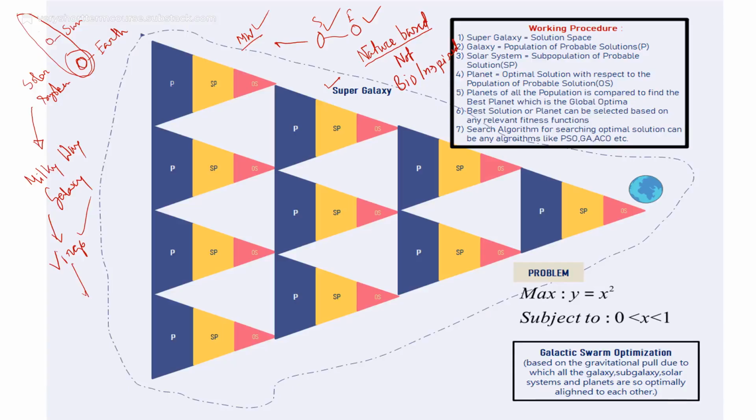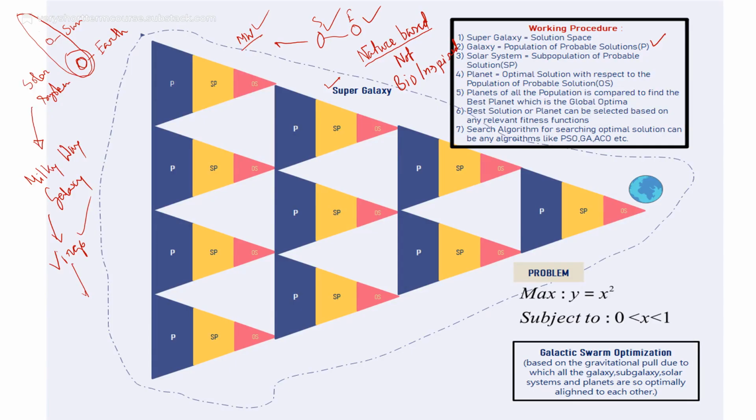Now, within this super galaxy, we randomly create some subpopulation or population, I would say, a population of probable solutions. We refer to it as P.